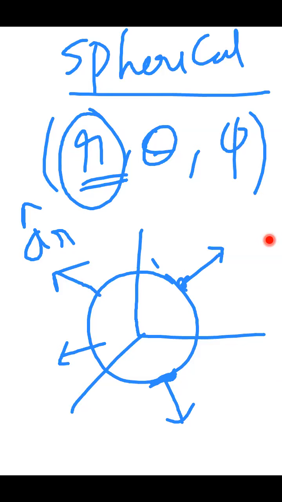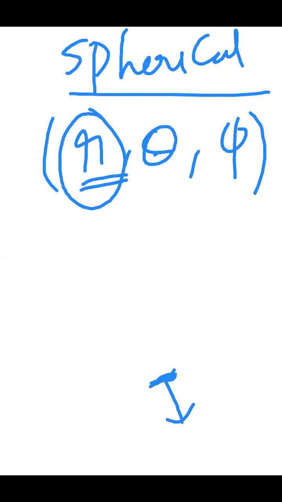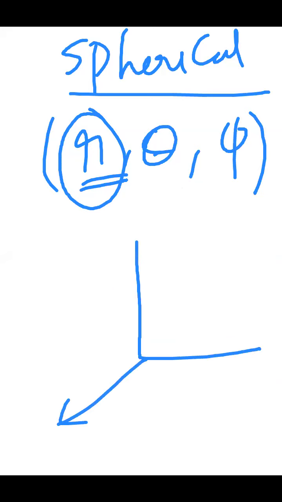Okay, next one is theta. Please remember, theta is the angle measured from the z-axis. Say this is the z-axis, x, y, z.